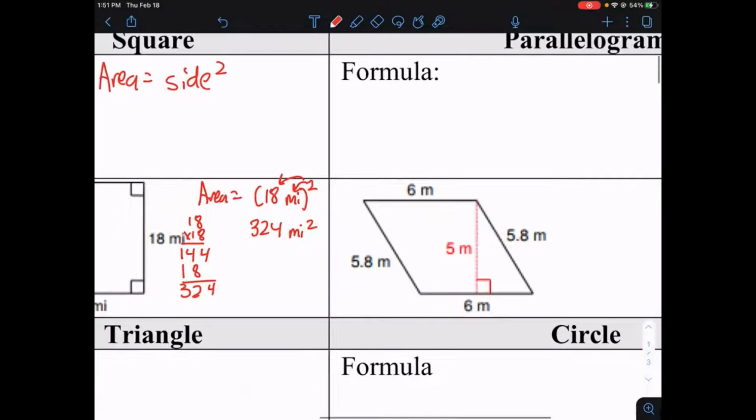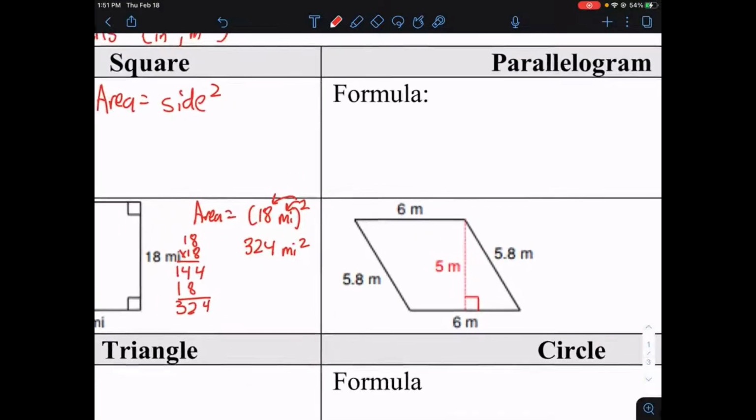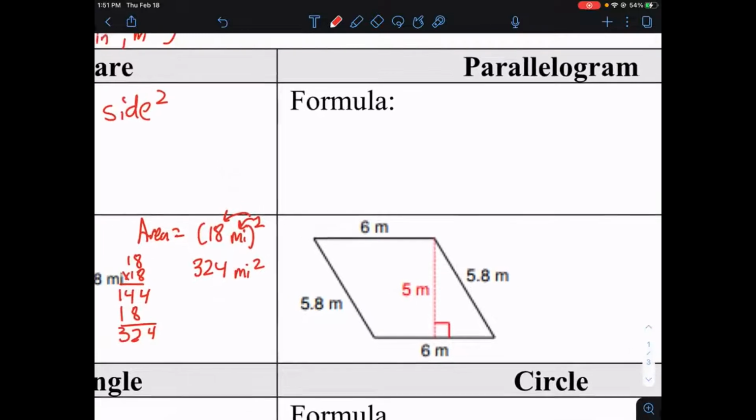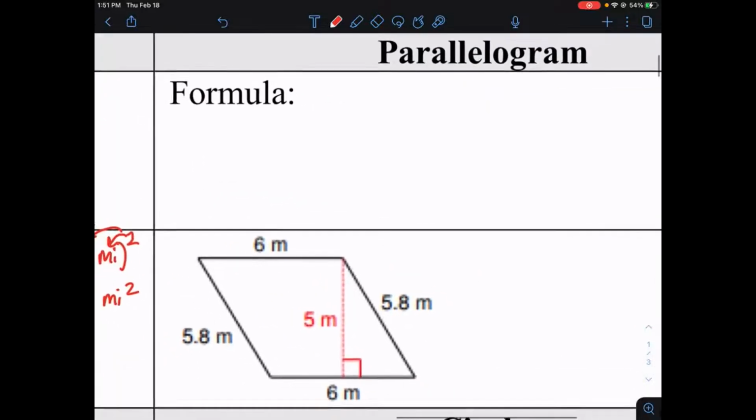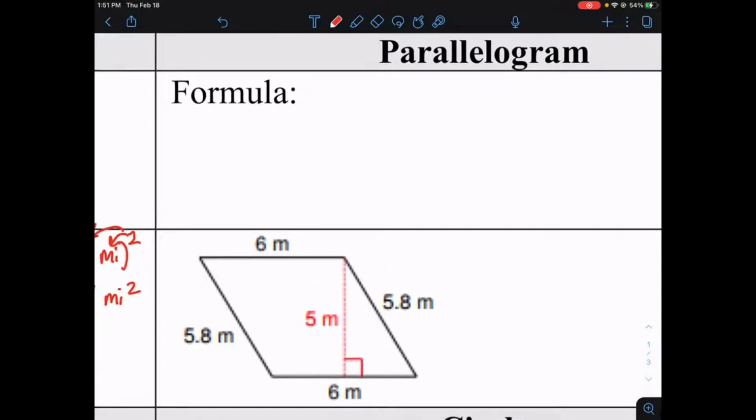Okay, next, the parallelogram might be a new one. The area for this one's a little bit trickier. The formula for the area of the parallelogram is equal to the base times the height.